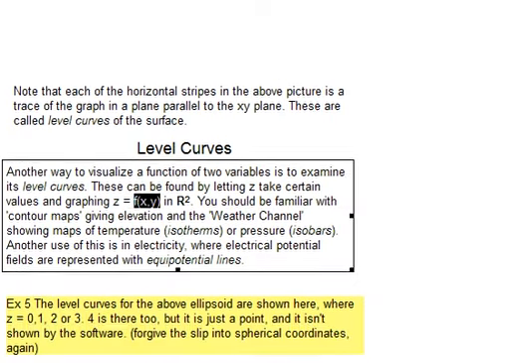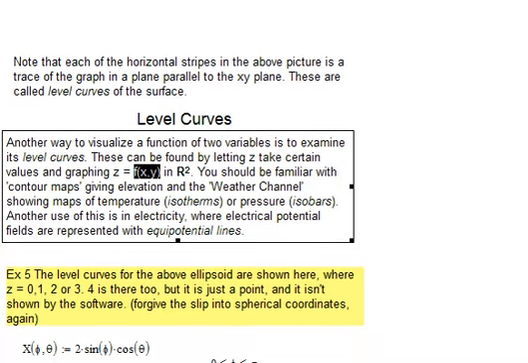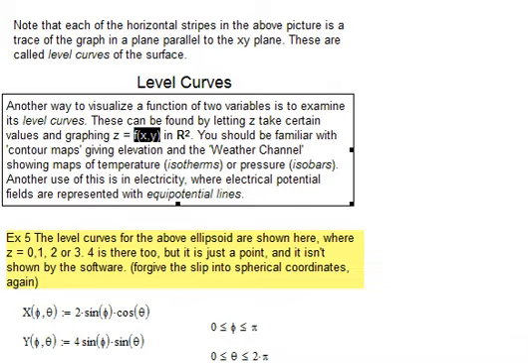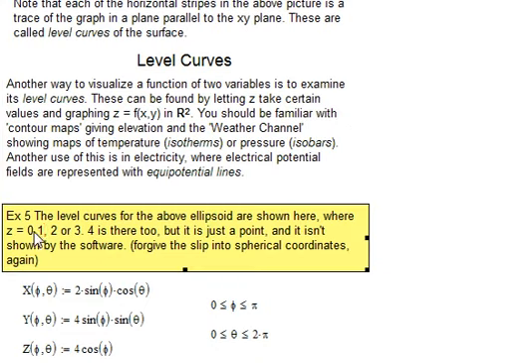The level curves for the above ellipsoid, since I'm continuing with that example, are shown in this picture. Here I got the graph of it. And then I drew level curves at z equals 0, that would be in the xy plane, z equals 1, of course that would just be our ellipse, z equals 2, z equals 3, and z equals 4 is there too, but it's just a point at the very top, and it isn't shown by the software.